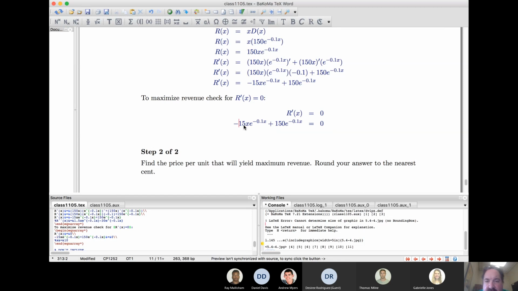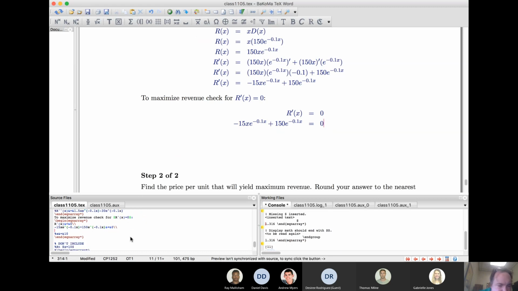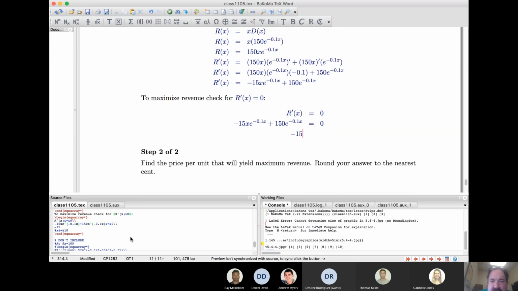Okay. And we can proceed like in the previous problem, where you can factor out some things. So certainly you can factor out a minus 15, and you can also factor out the exponential. It's always going to be the same in whichever terms you have.